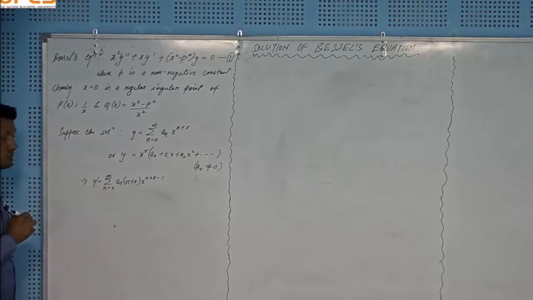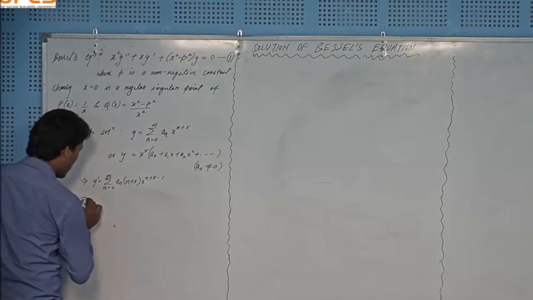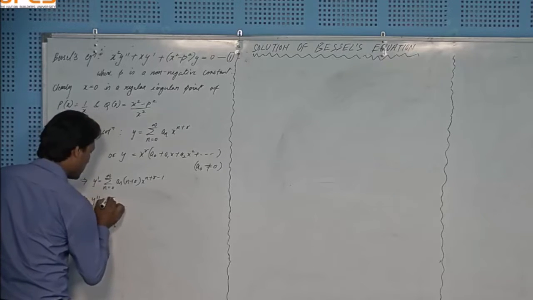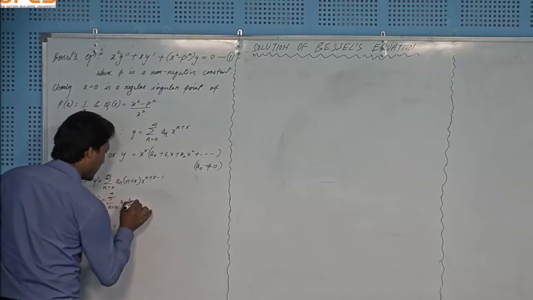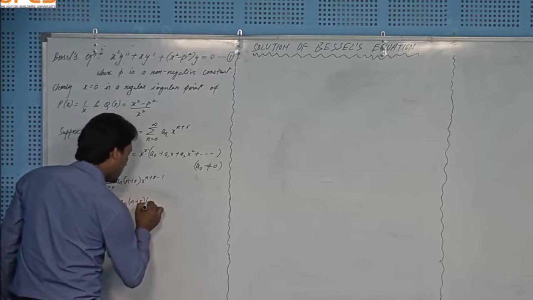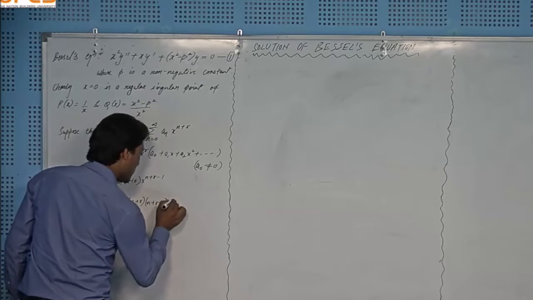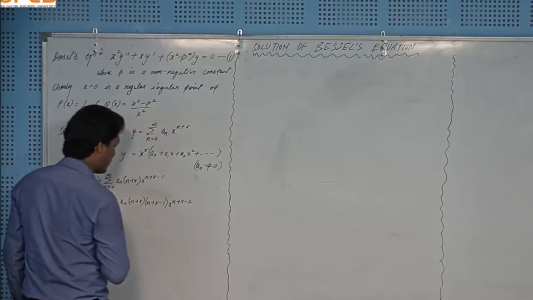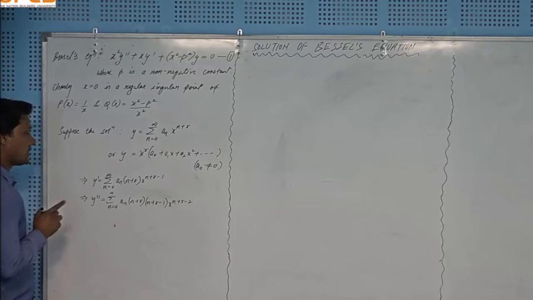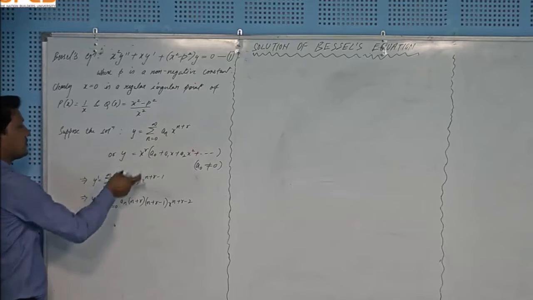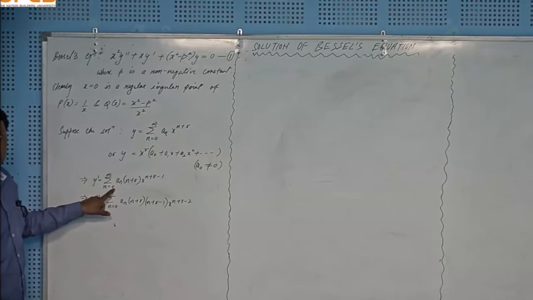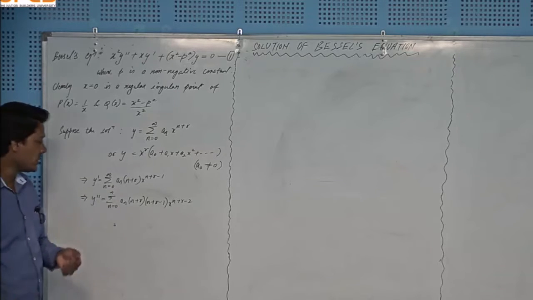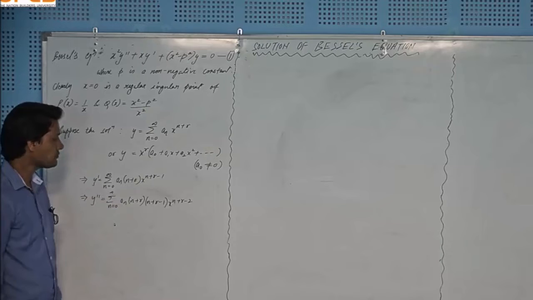This is the first derivative of y, and similarly its second derivative will be summation n equal to 0 to infinity a_n (n plus r)(n plus r minus 1) x to the power n plus r minus 2, right? Remember that while differentiating a Frobenius series, the range of the summation is unaffected, while in the case of a power series, it gets affected, right?